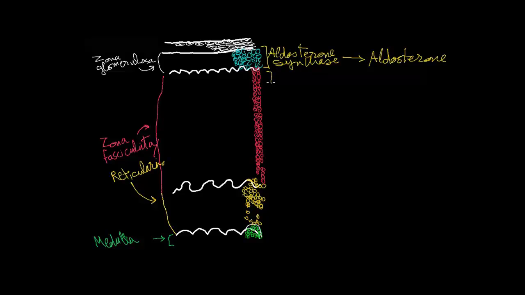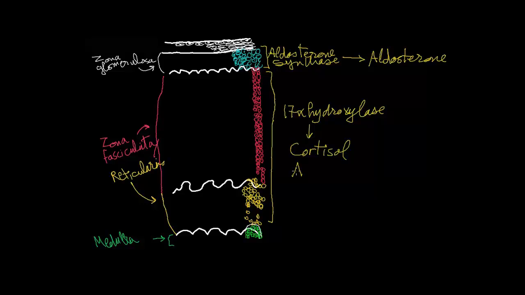On the other hand, 17-alpha hydroxylase is present in zona fasciculata reticularis, but it is missing in zona glomerulosa. And this enzyme is essential for the production of cortisol and androgens.